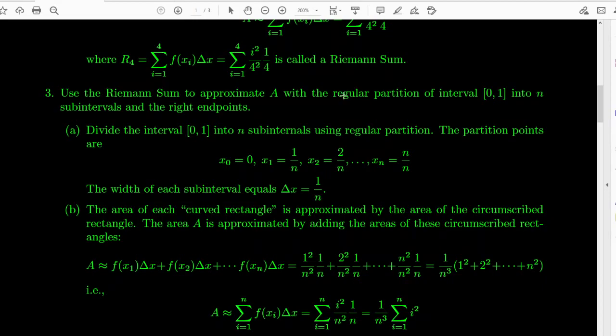We do the same thing: we divide the interval into n subintervals. Again, n is not necessarily 4. n can be 5, n can be 10, n can be 10,000, n can be 1 million, right? The larger the value of n, the better the estimate.